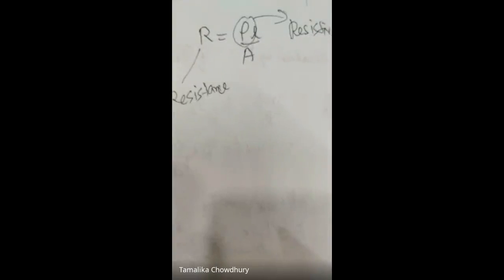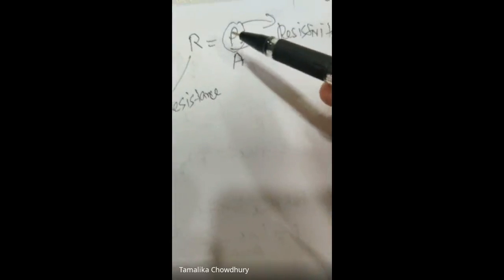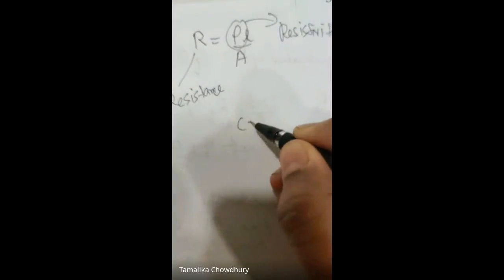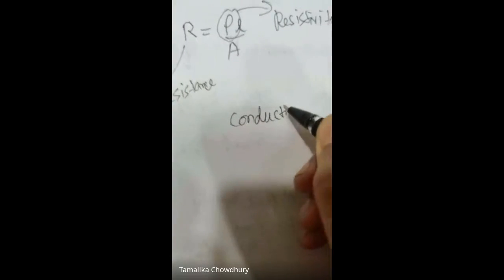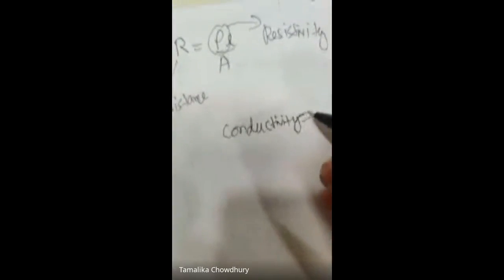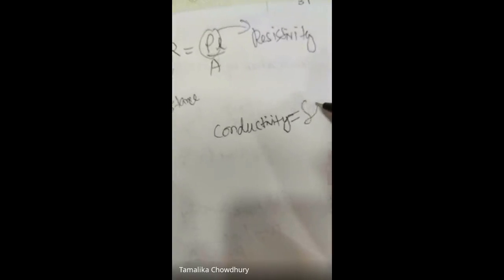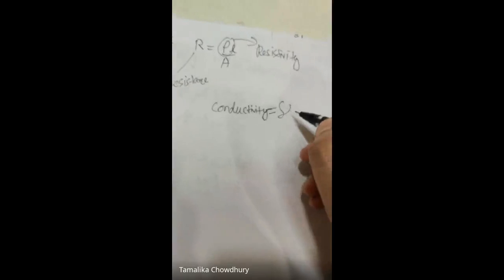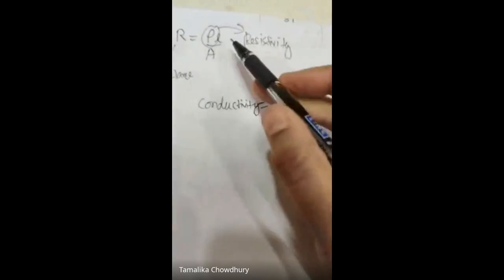Okay. Now we have something called conductivity, which is the reciprocal or reverse of rho. So conductivity is given by the symbol gamma. As you can see, gamma is 1 by this rho.